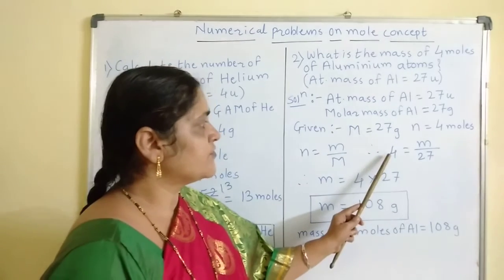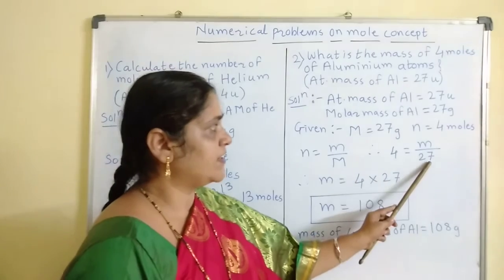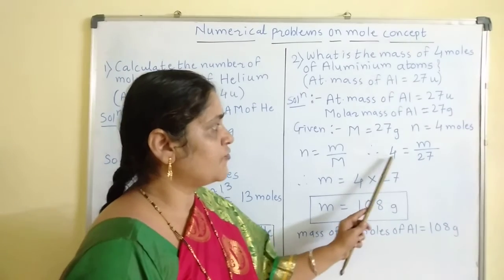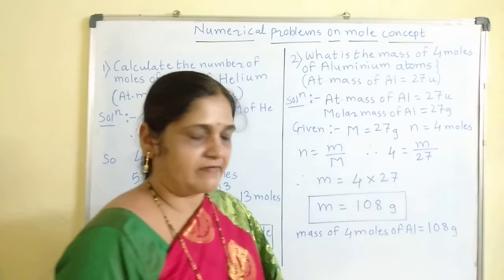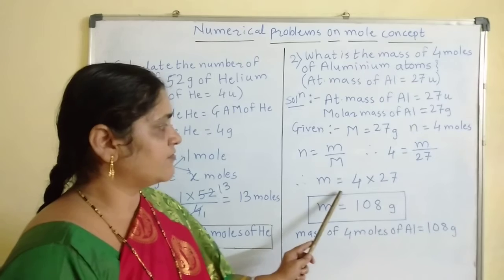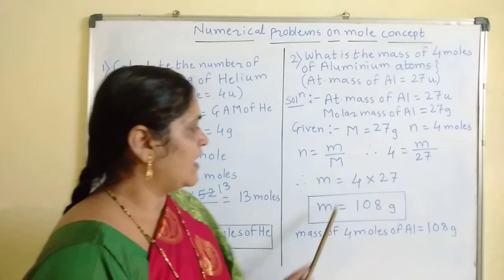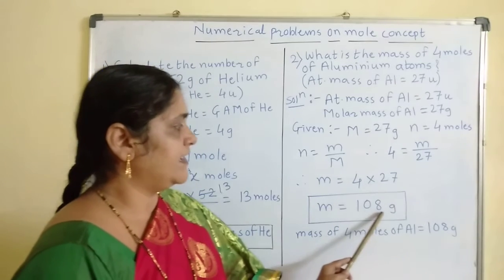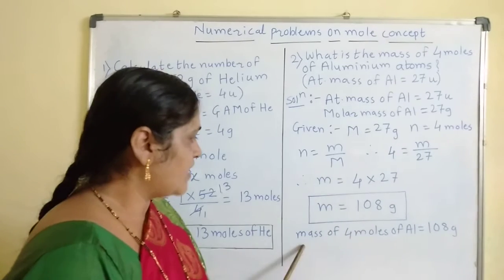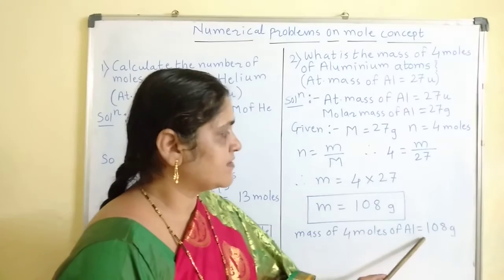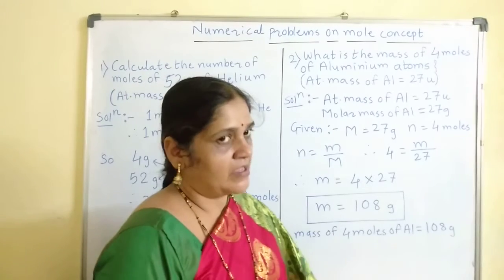Putting the values, n is equal to 4, capital M is equal to 27. So 4 is equal to m upon 27. Therefore, m is equal to 4 into 27, and m is equal to 108 gram. Mass of 4 moles of aluminium is equal to 108 gram.